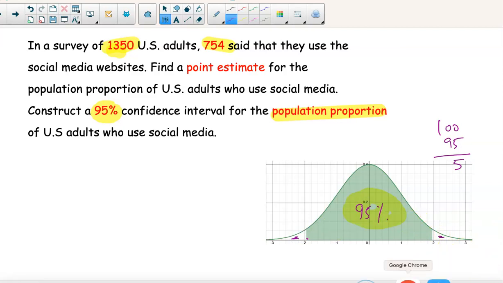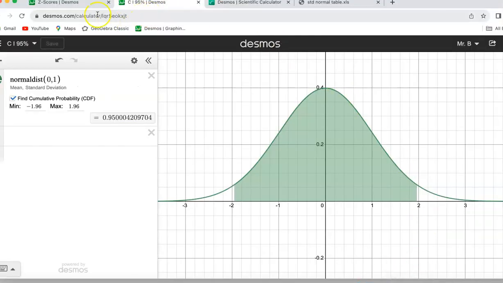Let me go to that value here. In this graph, you can see the values are from negative 1.96 to positive 1.96. Those are the Z-scores that you have here. The percentage contained within this is 0.95 in decimal form, which is equal to 95%.